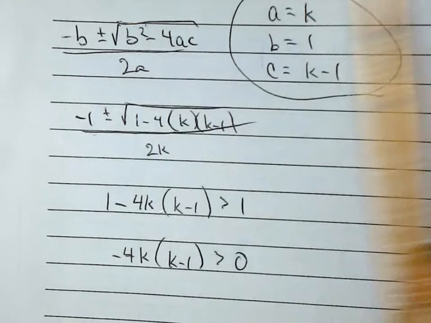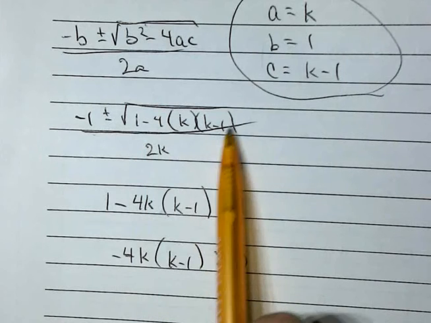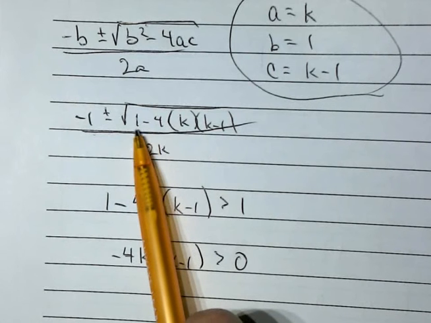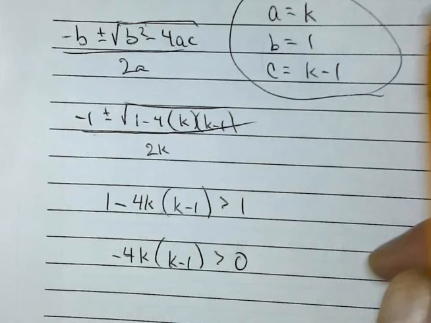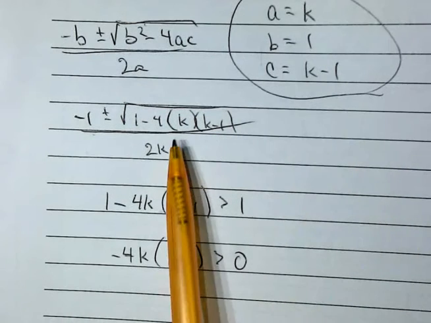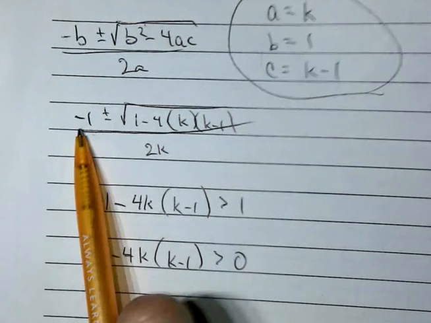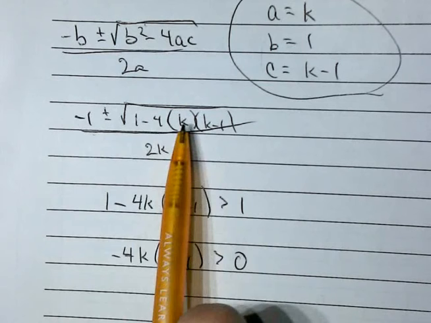Since in the question we are being told to have one positive and one negative root, that requires us to look at the values of the discriminant, not just strictly greater than 0, but greater than 1, because if what is here is going to be greater than 1, then we are guaranteed that this negative 1 will not eliminate and make the numerator negative.